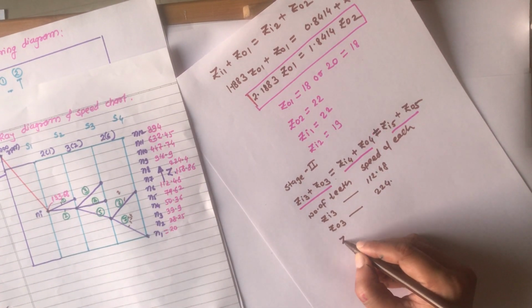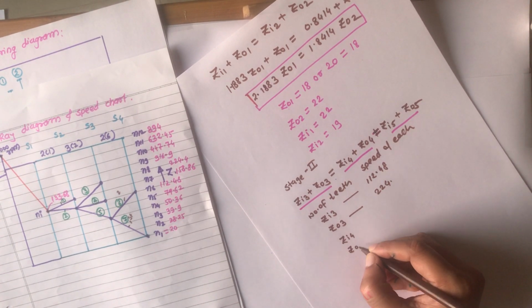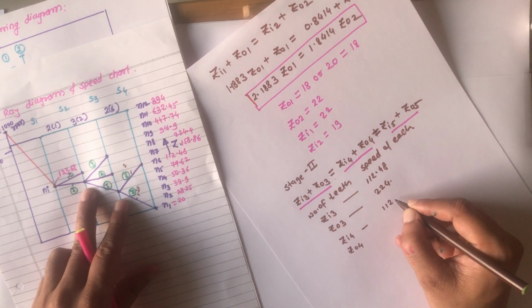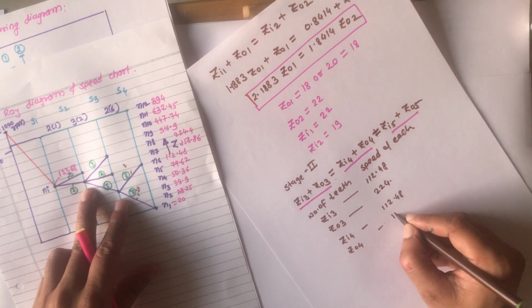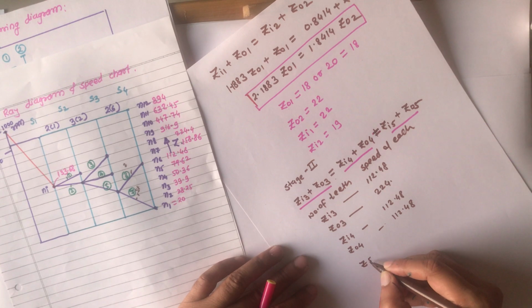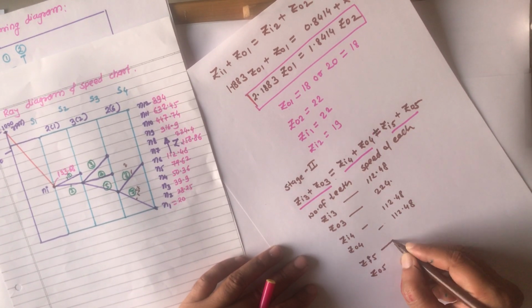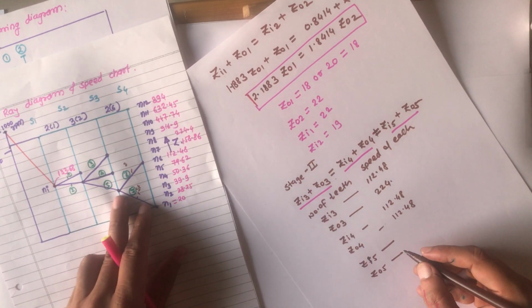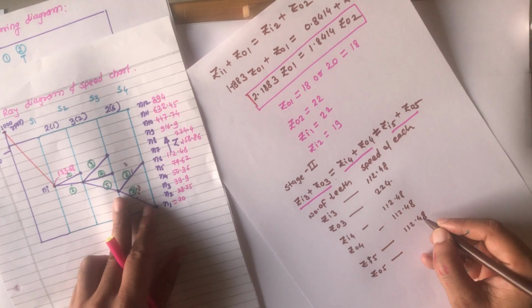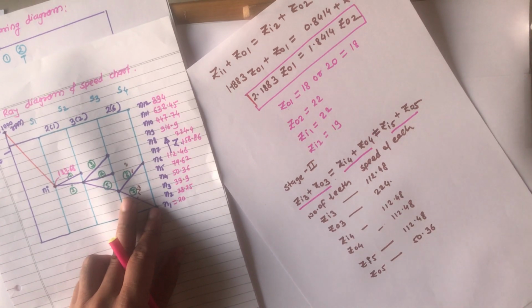Similarly Zi4 and ZO4, the speed is the same, 112.48 and 112.48. For Zi5 upon ZO5, the input speed is 112.48 and output speed is around 50.36.